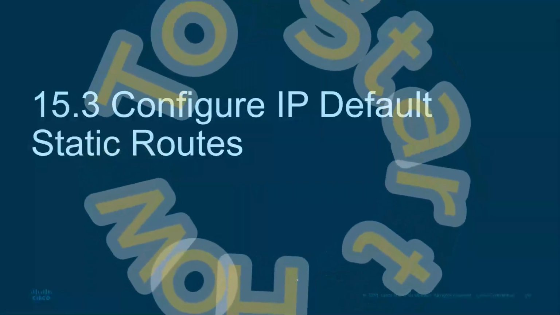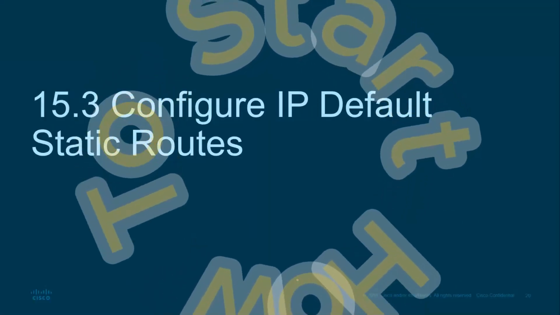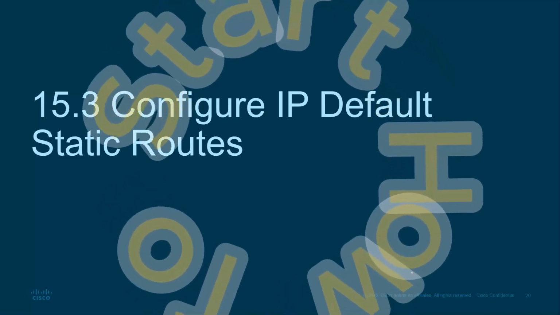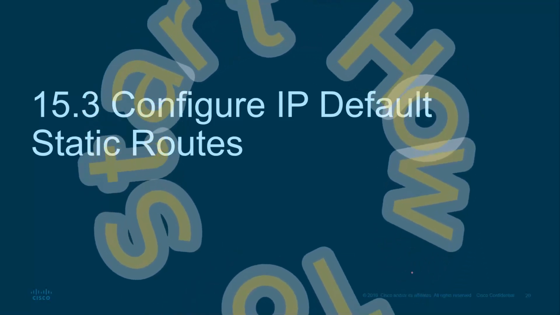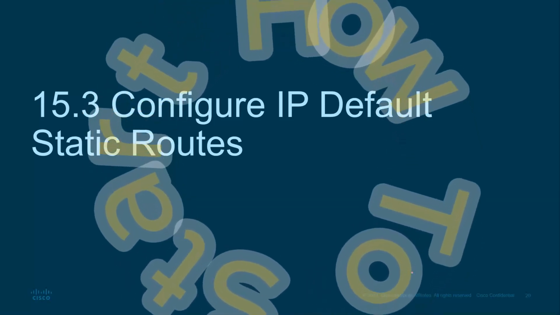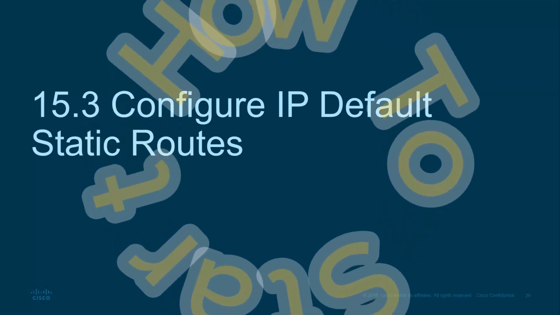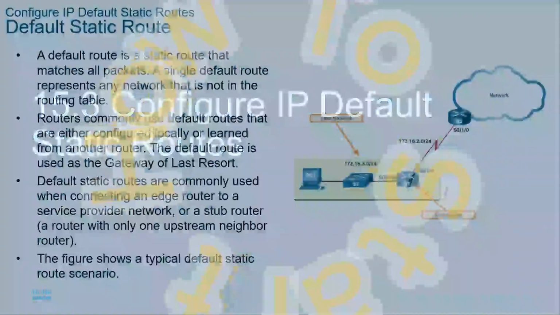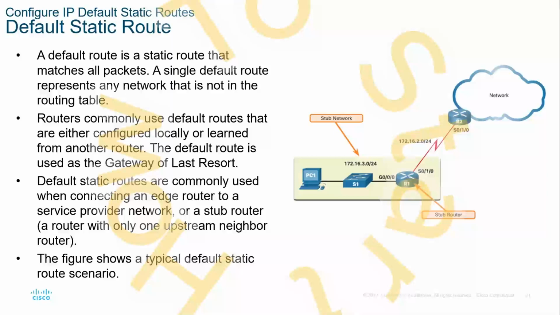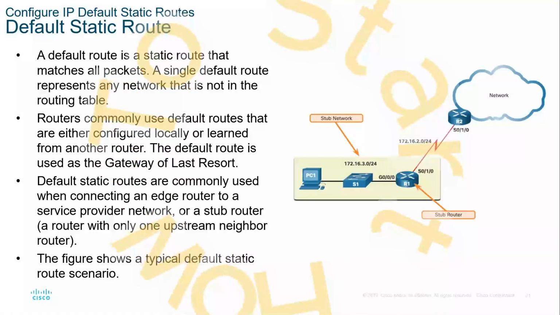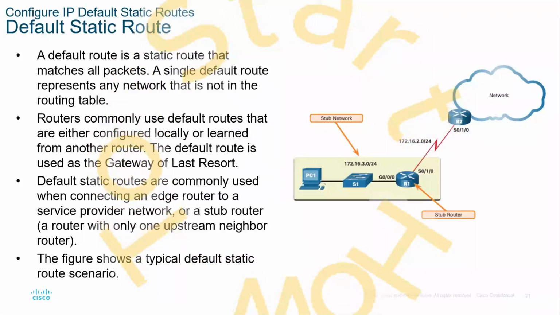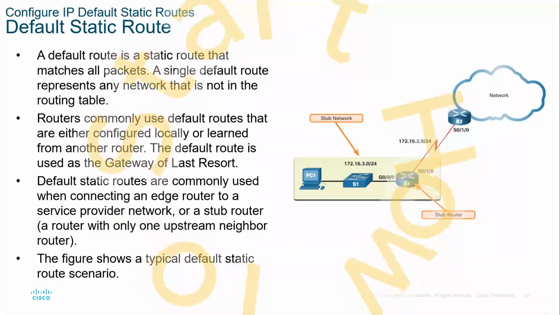Next section is about configuring the default static route. This is what you're going to probably see the most on current networks that have dynamic routing protocols. So first of all, what is a default static route? Well, we can have something called a stub router or stub network, and that's going to be more of a branch.